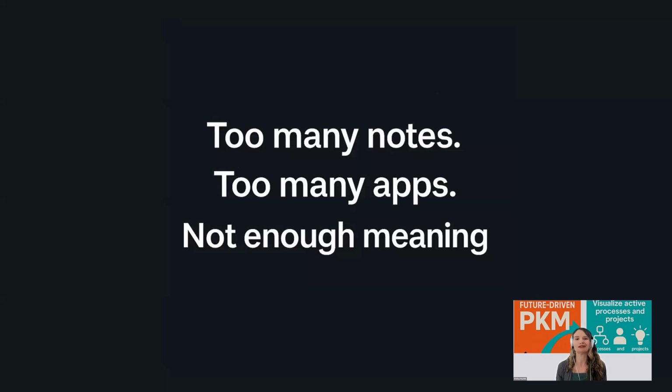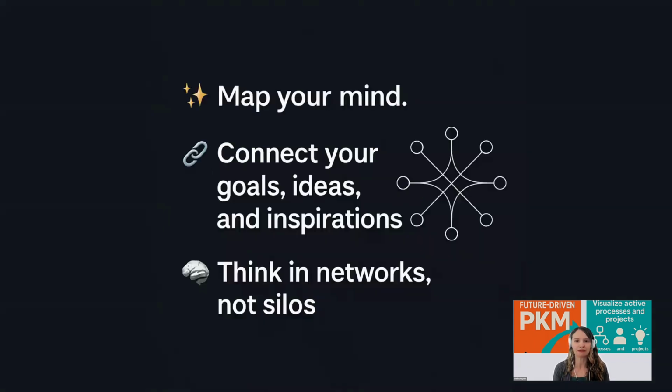Everyone has too many notes, too many apps, but what they don't have is enough meaning in the information. So that's where the Life OS brain comes in. How do we get started? Our goal, with the brain, is to map your mind. Even with the advent of AI, you've got lots of chat boxes and documents that you're dealing with now.